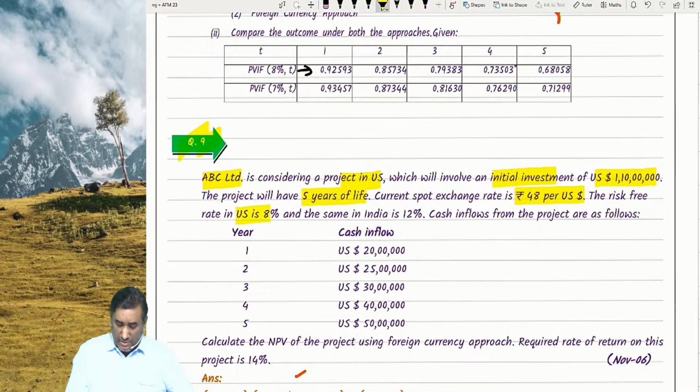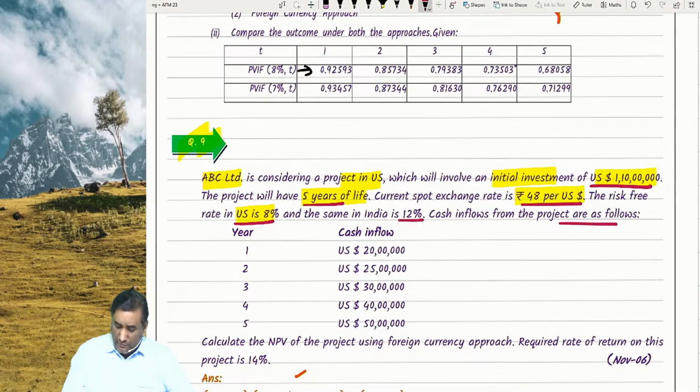The risk-free rate in US is 8%. Now this is dollar given, 5-year life, current spot rate is given, US 8% is risk free, India is 12. Cash inflows are as follows in dollars. Calculate the NPV of the project using what approach?